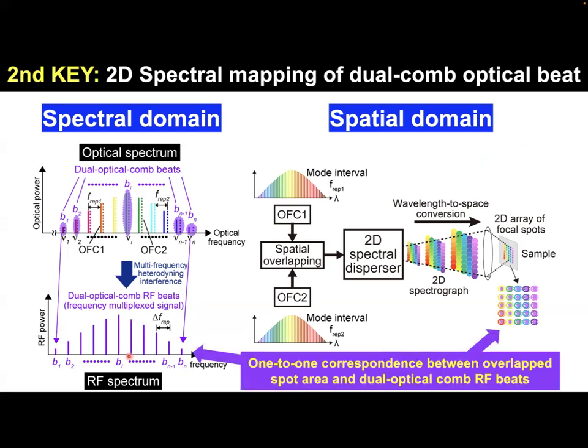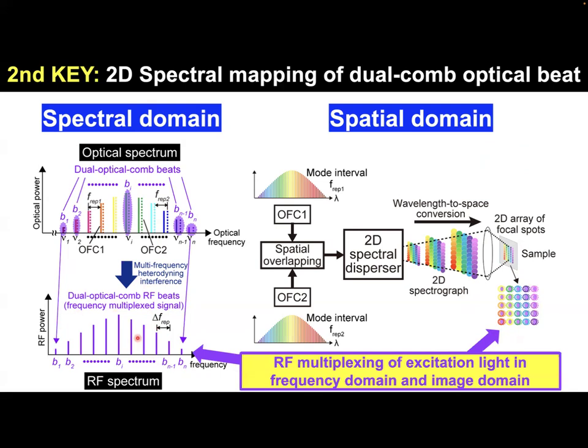So in this way, a one-to-one correspondence is established between the overlapped spot area and the dual optical comb RF beat. In other words, RF multiplexing of the excitation light is achieved in the frequency domain and image domain. Therefore, they can be used for the 2D array of excitation spots having different modulation frequencies.